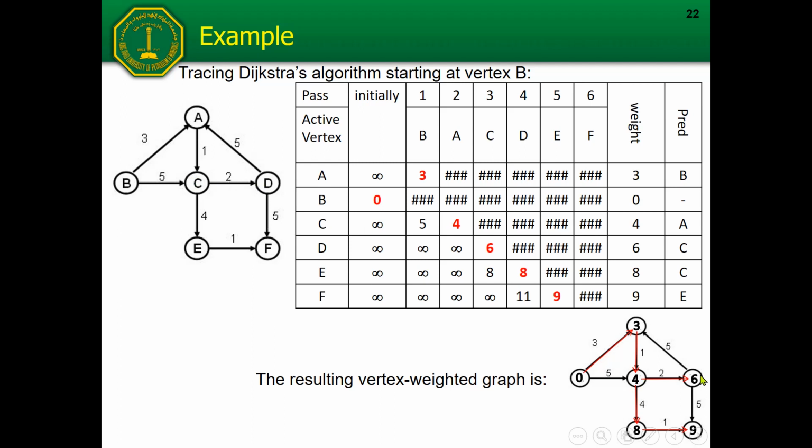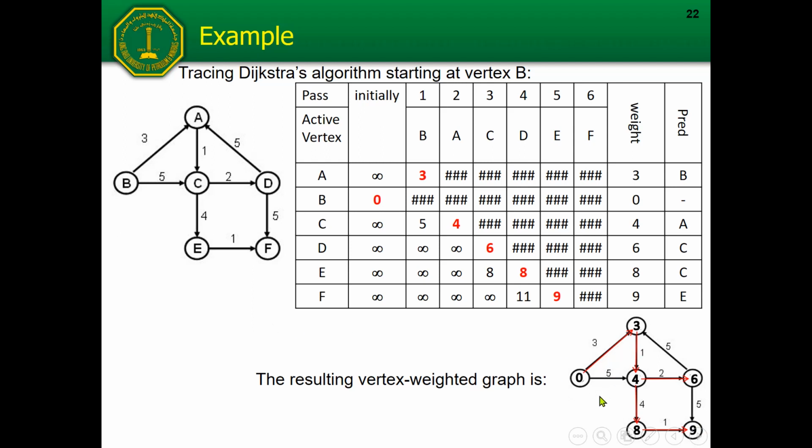After that, when we are in D, we do not go to F. Actually, we return back to C to travel to E, right? Then from E, we travel to F. That's why you get this shortest path tree from B to A to C to D to E and to F.